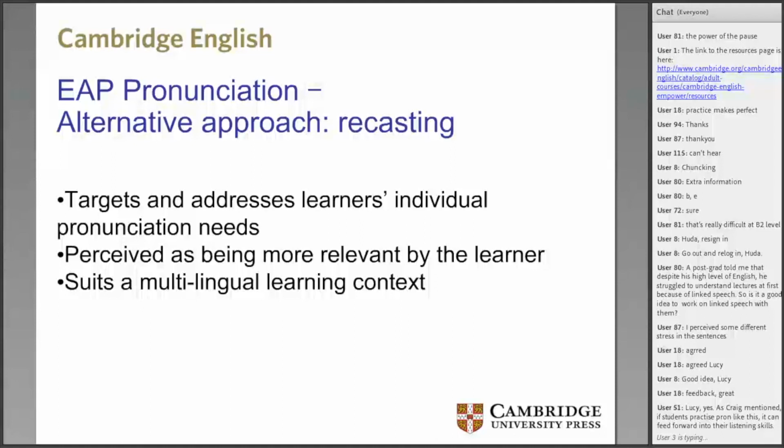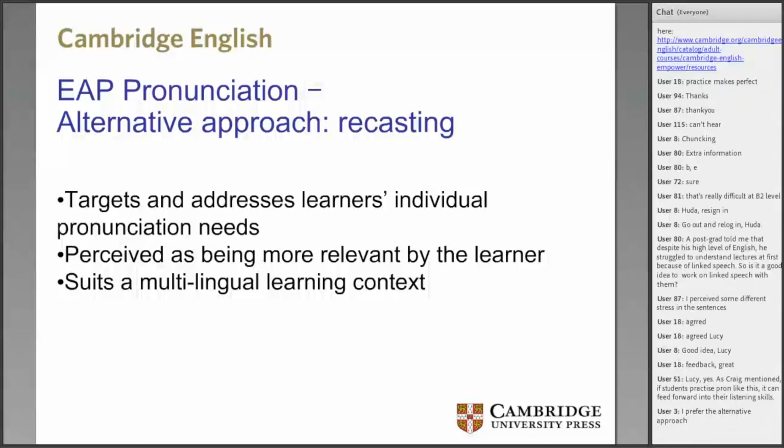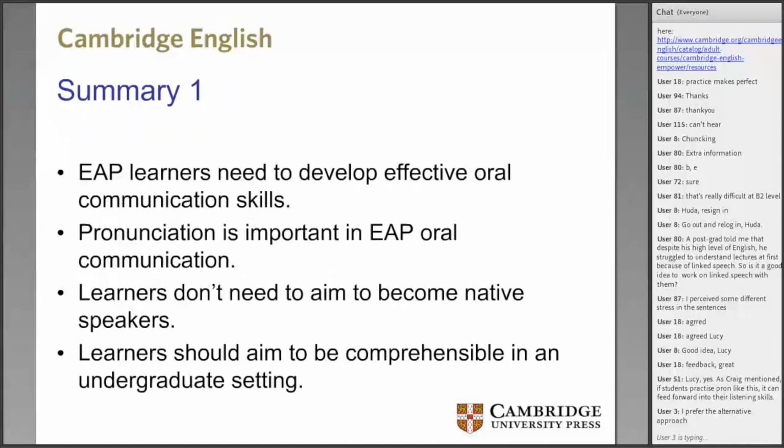And certainly this approach does suit the kind of learning environment that I work in, which is a multilingual learning environment, where in my EAP class, I have got learners from maybe China, Saudi Arabia, Brazil, French Pacific, etc., where they have quite different phonological needs. So this way of recasting can help.